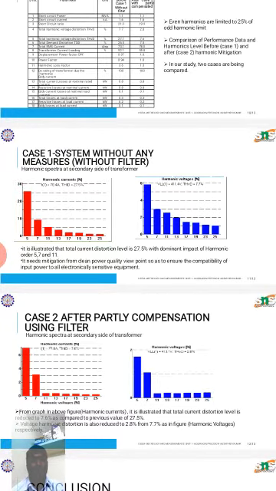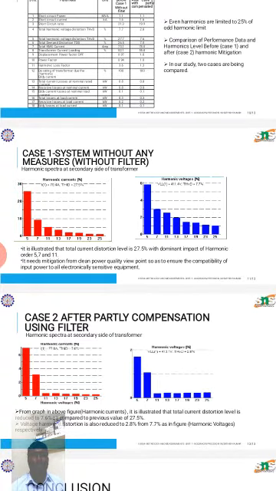See this. From the graph above it is illustrated that the total current distortion level is 27.5% with dominant impact of harmonic orders 5, 7 and 11.